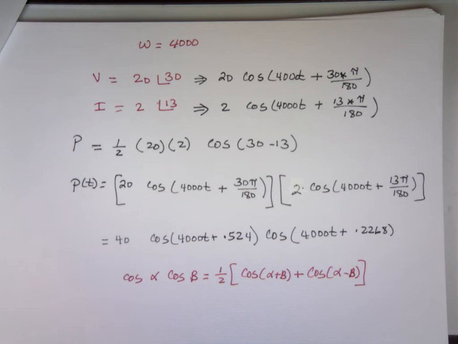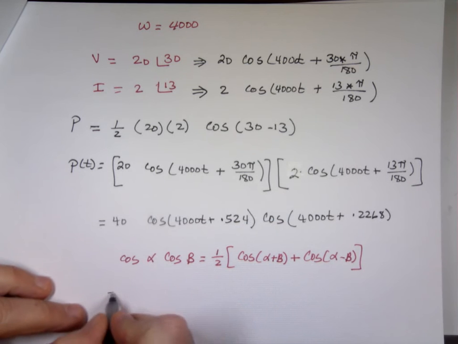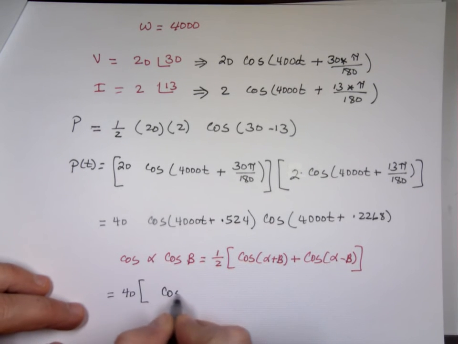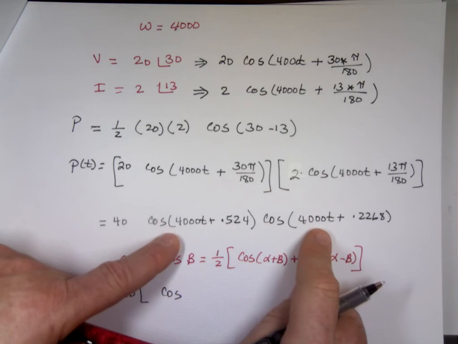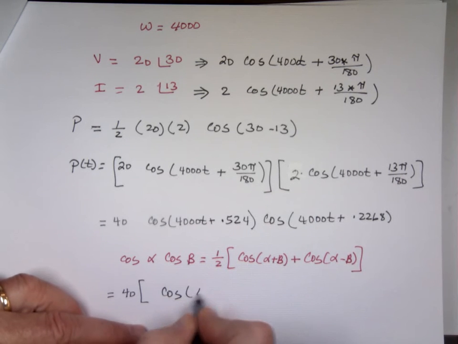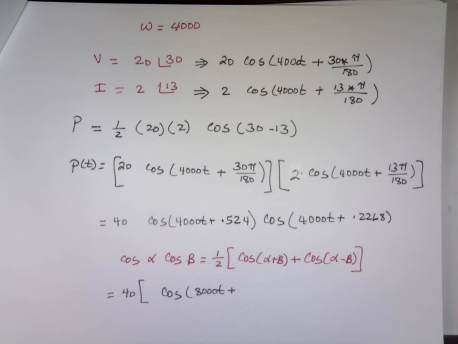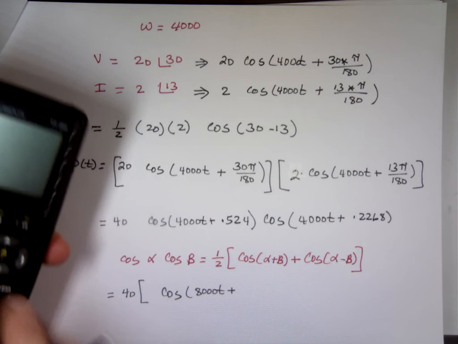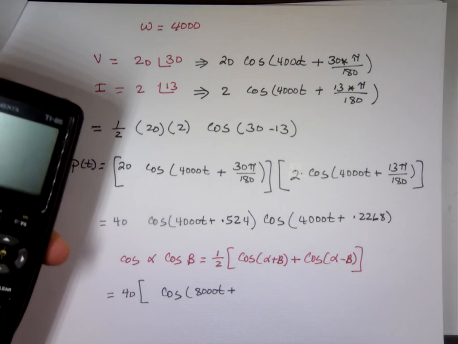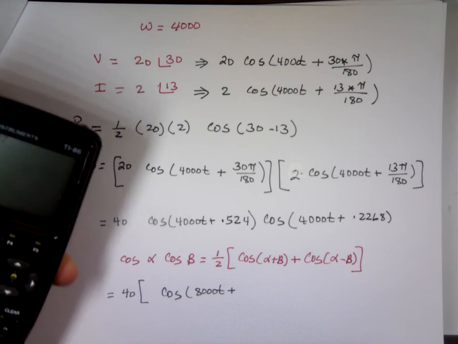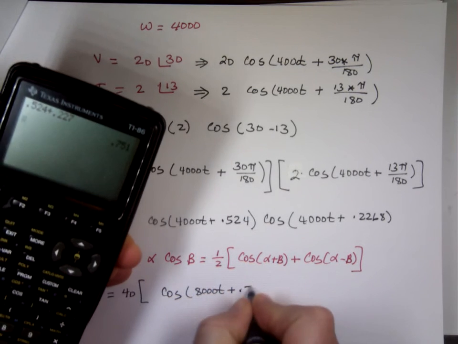So I can write that as 40 times cosine. Let's add them. Add this to that: 4,000 plus 4,000 is 8,000 t. Plus, let's add these two numbers, 0.524 plus 0.227, that's 0.751.